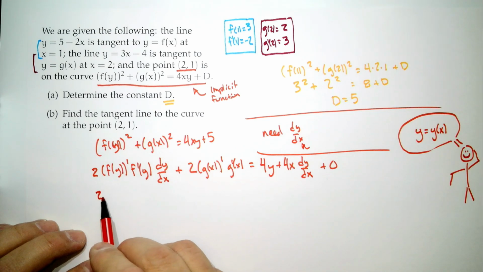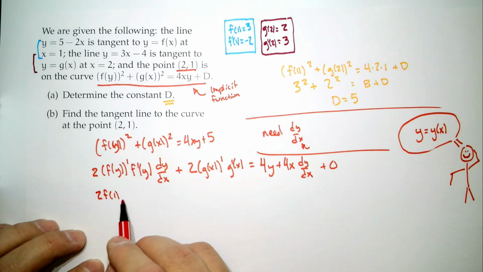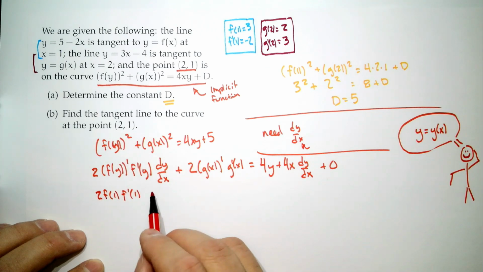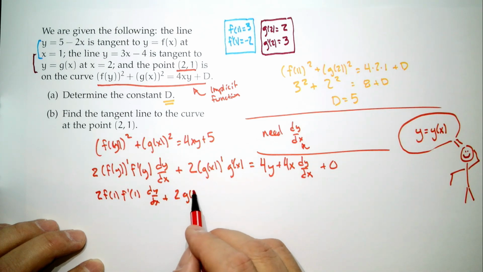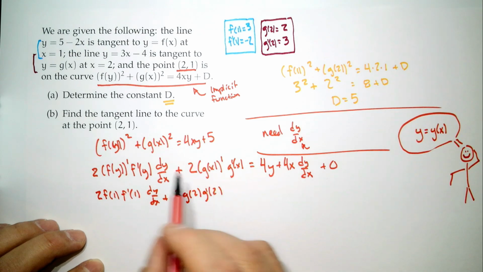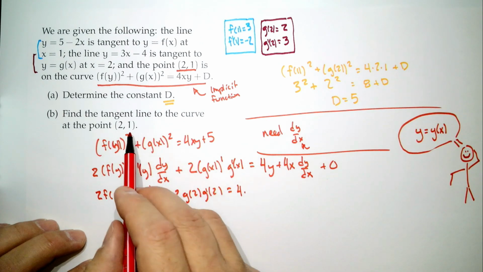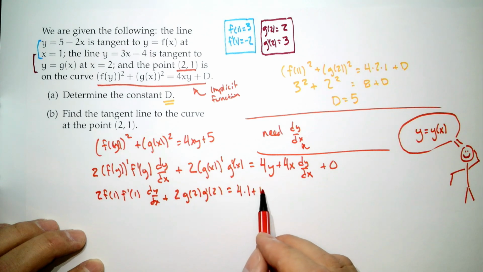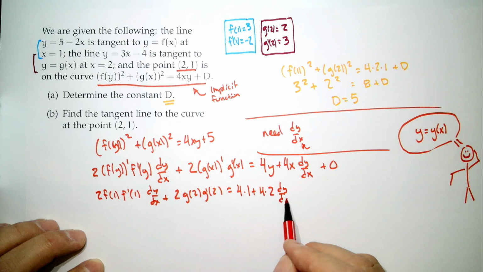So here we go. We'll have 2 times f at 1, because y is 1, times f prime of 1, times dy/dx, plus 2 times g of 2, g prime of 2, again, x is 2, is equal to 4 times 1, plus 4 times 2, dy/dx.